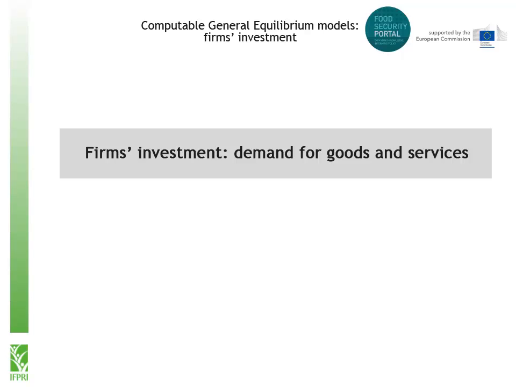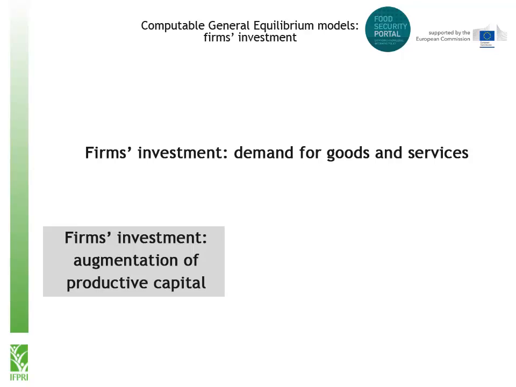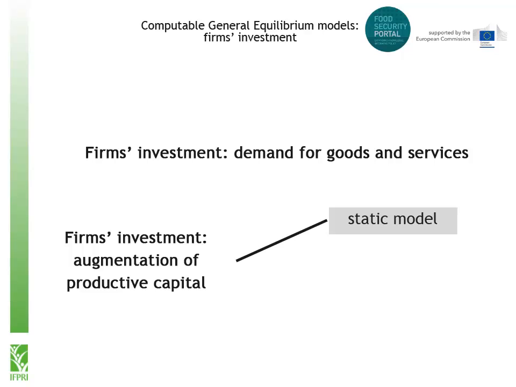So first, it is a new demand for goods and services, and so we have to include this aspect within the model. But firms investment, this is also an augmentation of productive capital. So it means that capacities of production are increasing with investment. But here we are designing a static model.